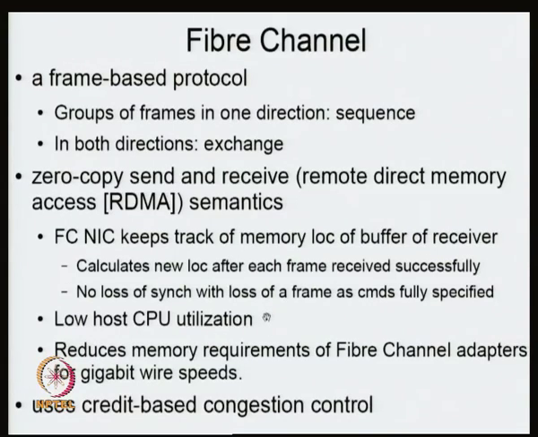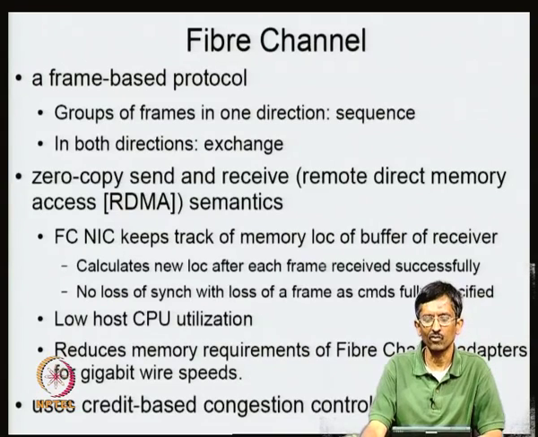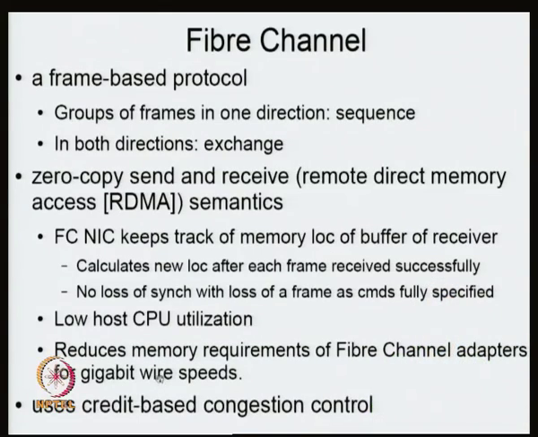This is in contrast with, for example, gigabit Ethernet, which went through a lot of difficulties in the beginning, because there were a lot of copies going on, and you had to do a lot of re-engineering of the network stack so that the copies did not take place. Before the copies could be re-engineered away, the CPU was always involved in the copies, and therefore it had very high CPU utilization. For the same reason, because you are not doing any extra buffering, it reduces memory requirements for fiber channel NICs at these speeds.